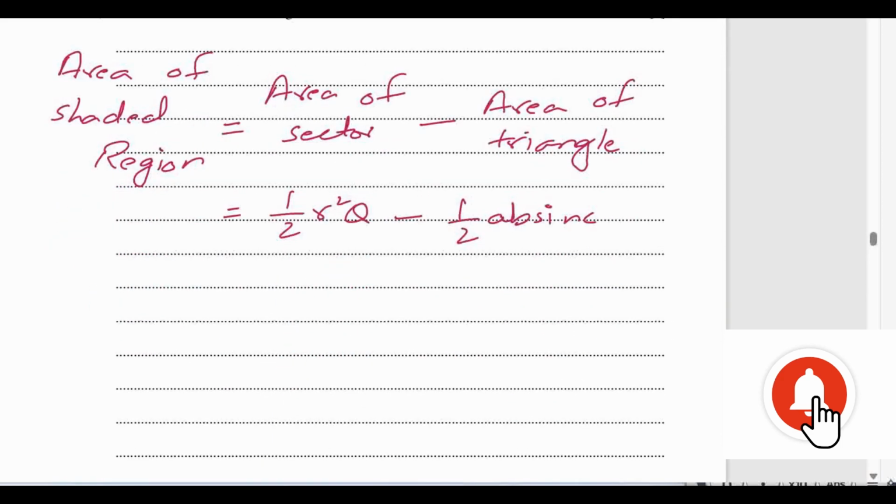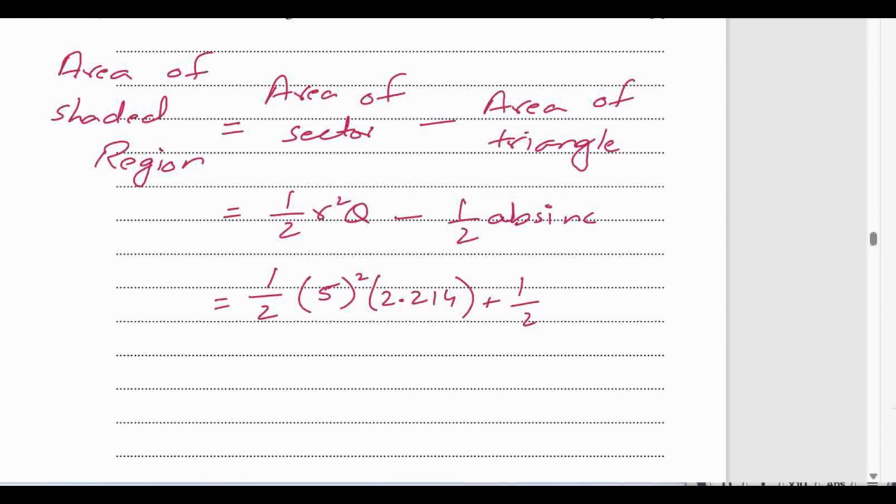Now the radius is 1 by 2, 5 square and the angle was 2.214, sorry, this will be minus 1 by 2, one side is 5, the other side is 5, and sine of 2.214.